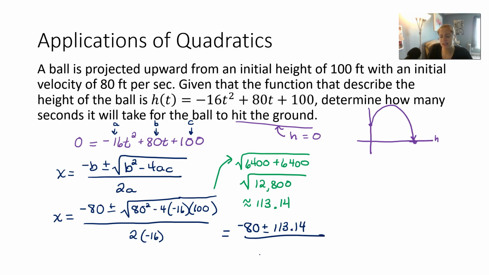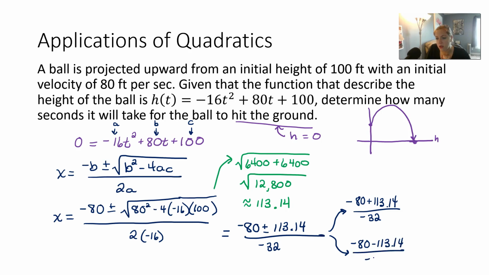And then 2 times negative 16 is negative 32. And of course, with a quadratic formula, we have to break this into 2 different problems. One where we're adding the top and one where we are subtracting. So this would be negative 80 plus 113.14 divided by negative 32, and the other one would be negative 80 minus 113.14 over negative 32.